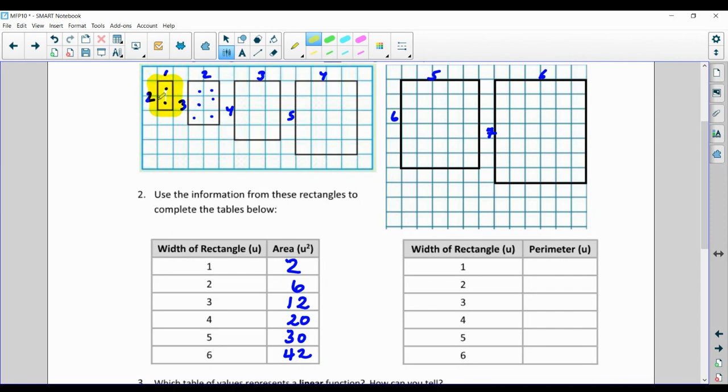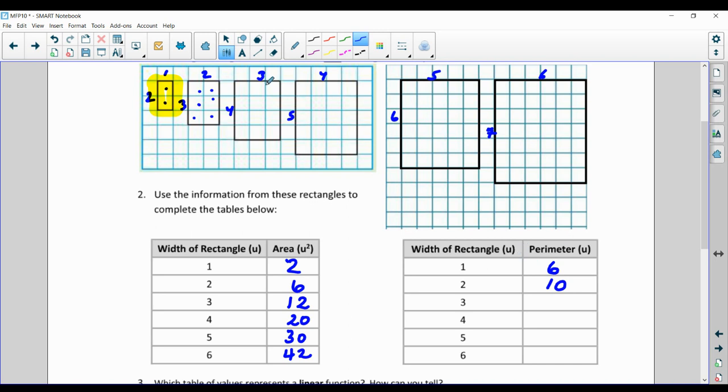So it took us 6 steps to get all the way around. On our second rectangle, well, we went 1, 2, 3, 4, 5. If you think of doing half of the perimeter as making an L shape, we can take that 5 and double it to get a total perimeter of 10.